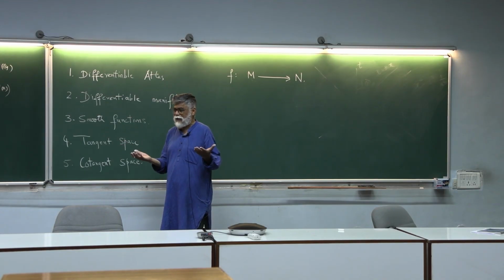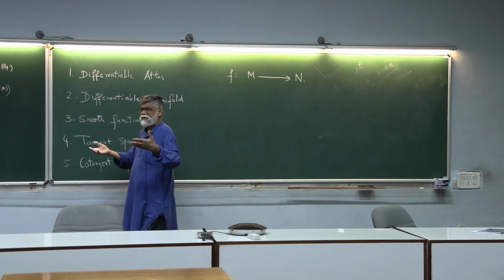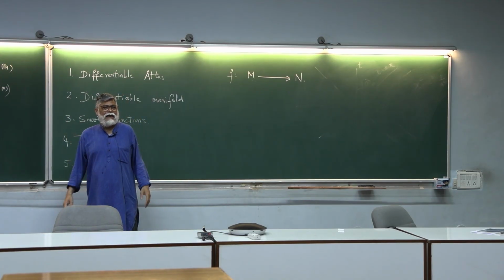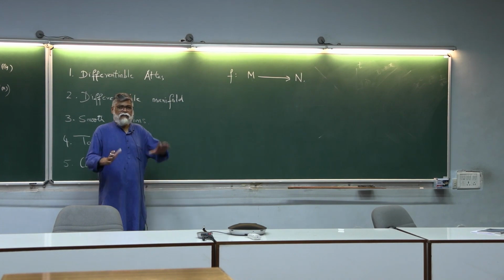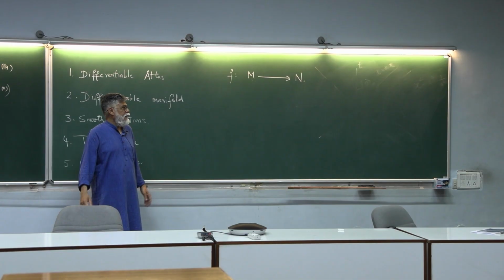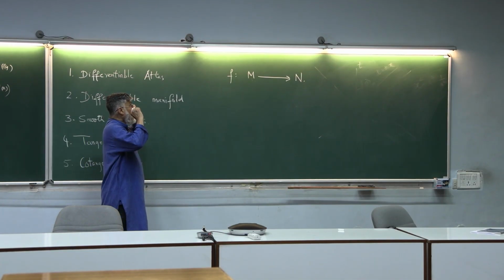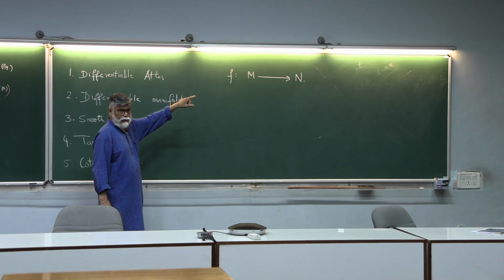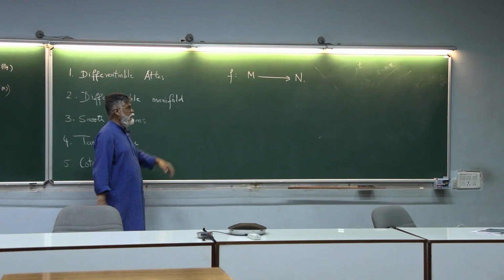Smooth in the sense of C infinity, but then mathematicians relax it to Ck, meaning k times you can take the partial derivatives, but those are more details. We will stick to C infinity differentiability.